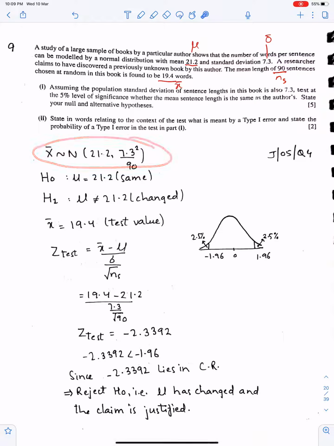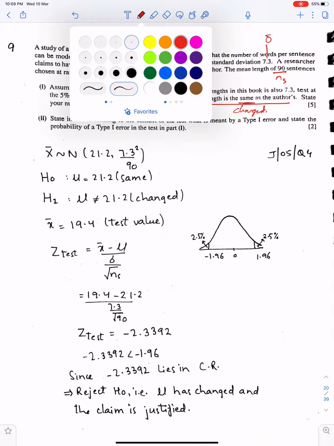So the distribution of X bar follows normal, and mu is this, and the question is, assuming the population standard deviation is unchanged, 7.3, yeah, it's given unchanged, test at the 5% whether the mean sentence length is the same. Now this means the two-tail test. Same means same and not same, means same and change. So H1 has this not equal sign.